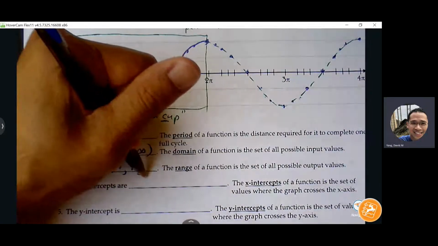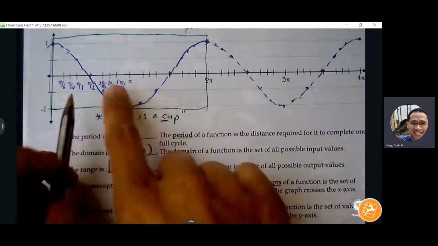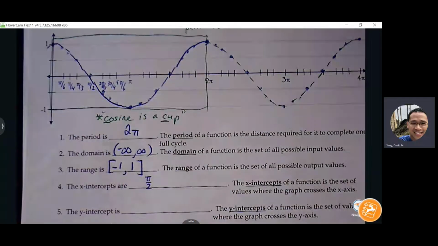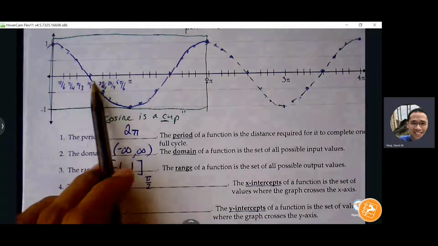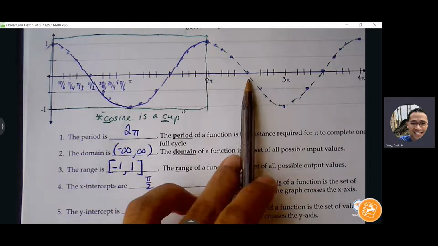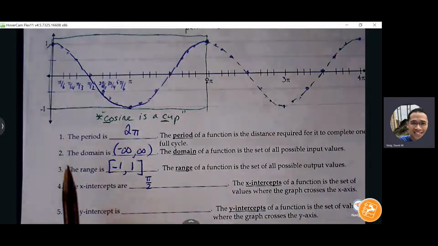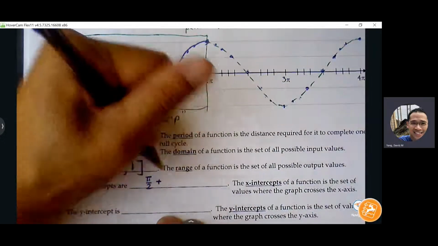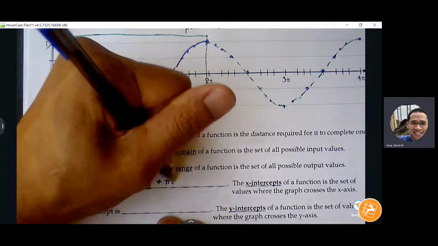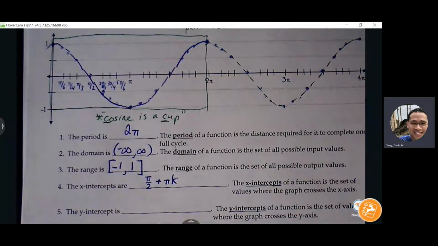So we can say x-intercept is pi over 2, but then every increment of pi, we're going to keep hitting an x-intercept, right? The cosine on its way up as well as on its way down is going to keep hitting. So the way I can say that is plus pi k. Basically, at all the multiples of pi units away, I'm going to keep hitting x-intercepts.